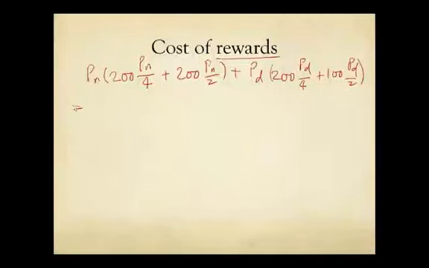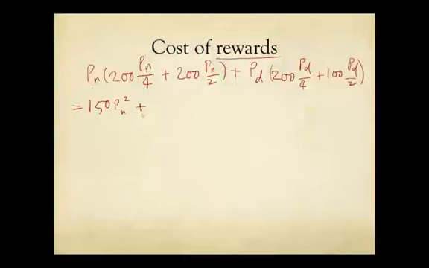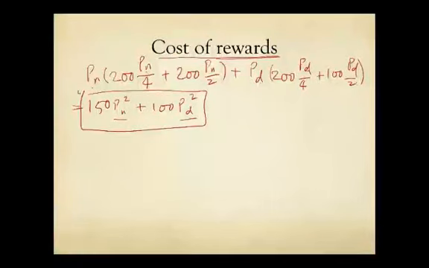You can expand this, and it is 150 Pn squared, because Pn times Pn, plus 100 Pd squared, because there's Pd times Pd. So it's a quadratic expression in the variables Pn and Pd for the cost of handing out reward. So let's remember this term, and this will be in the expression of the objective function.